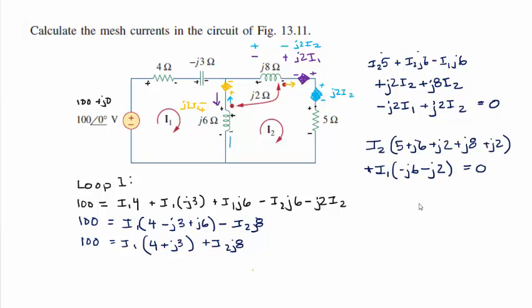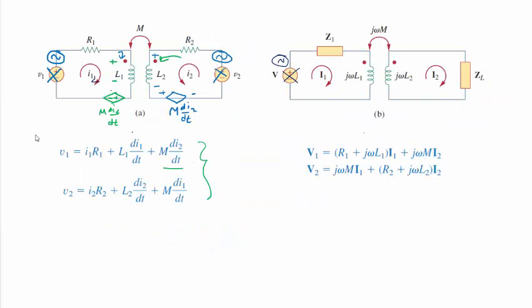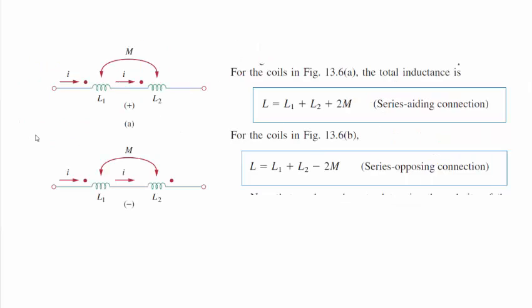There it is rewritten. One thing I want to point out here is that current I2 goes through 2 inductors. Let me skip back a slide. Back here, if I have two inductors in series with each other, and in terms of I2 they're in series, then I should have a plus 2M.